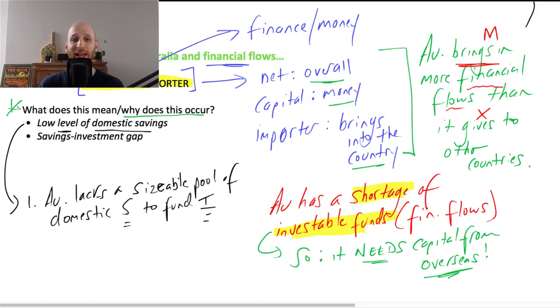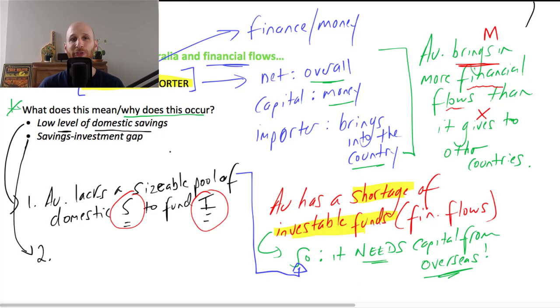So Australia lacks a sizable pool of domestic saving, remember S is for saving, to fund investment, I for investment. And this goes back to household savings rates and the ability of households to create savings that can be used for investment projects. So this means that Australia has to look elsewhere to get those savings.